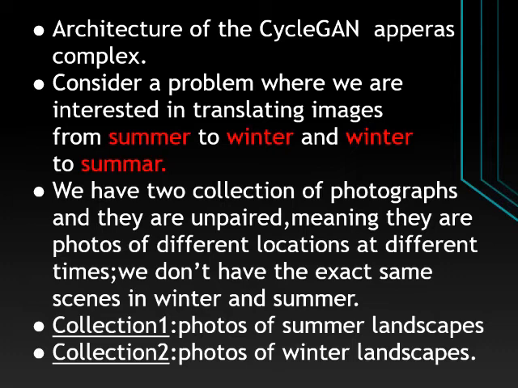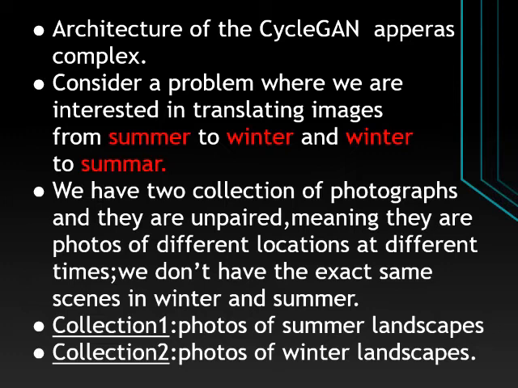So we have a problem. We are interested in translating images from summer to winter and back from winter to summer. So we have two collections of images. Collection 1 has photos of summer landscapes and collection 2 has photos of winter landscapes. And these two collections of photographs are unpaired. Unpaired means they are photos of different locations at different times.